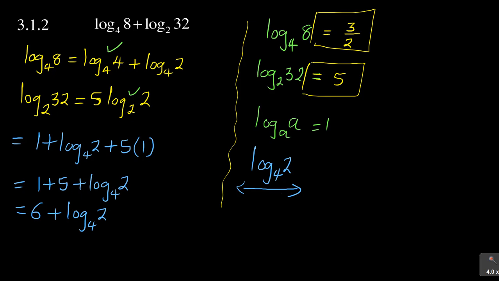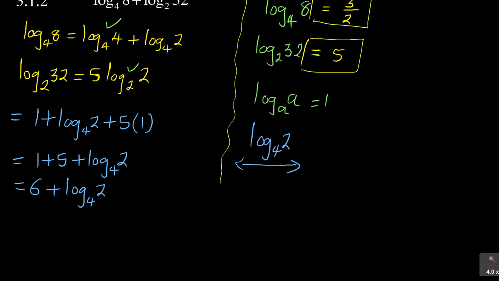Suppose we want to change this base into base 2. If I am given log base a of b and I want to change everything into base b, this is equal to log in base b of b over log base b of a. The b that is on top remains on top, over log of the same base b, and the a that was the base is the one that is under. This is how I change a base.